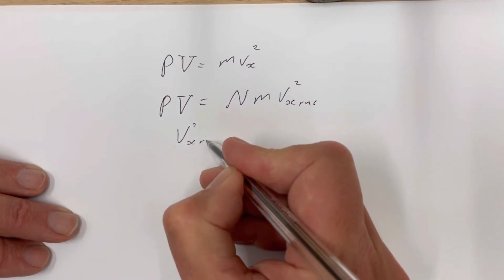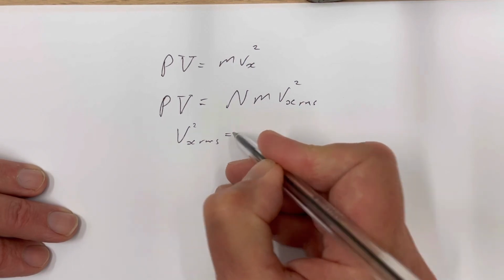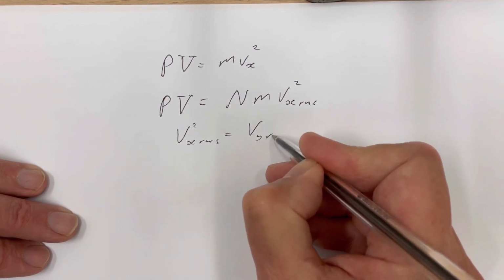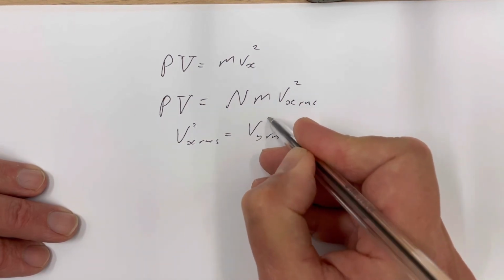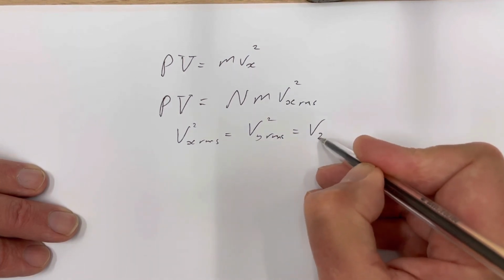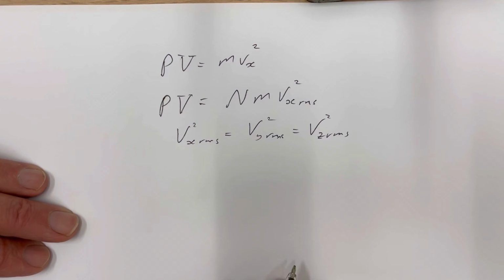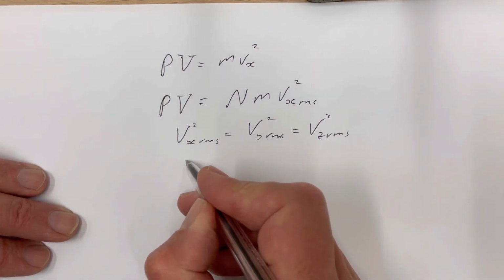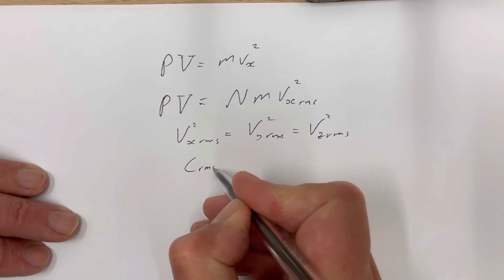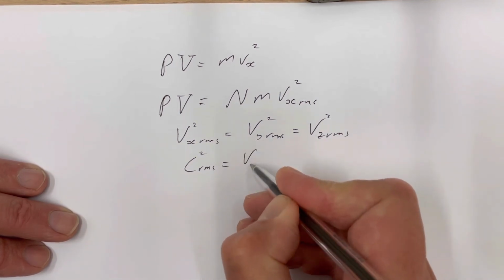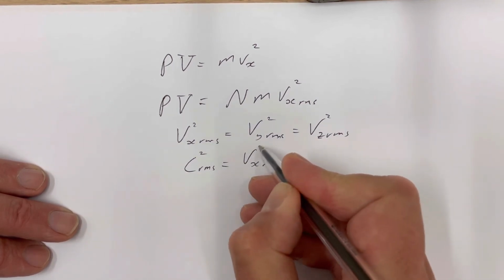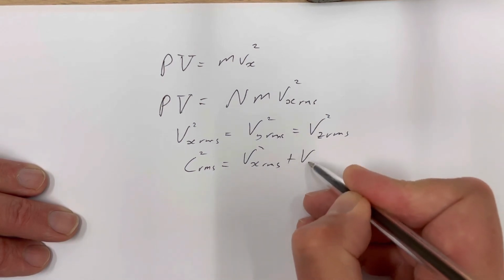Now, on average, a randomly moving particle will be moving randomly equally in all three directions, okay? So c_rms squared by Pythagoras will be equal to the sum of the three components.